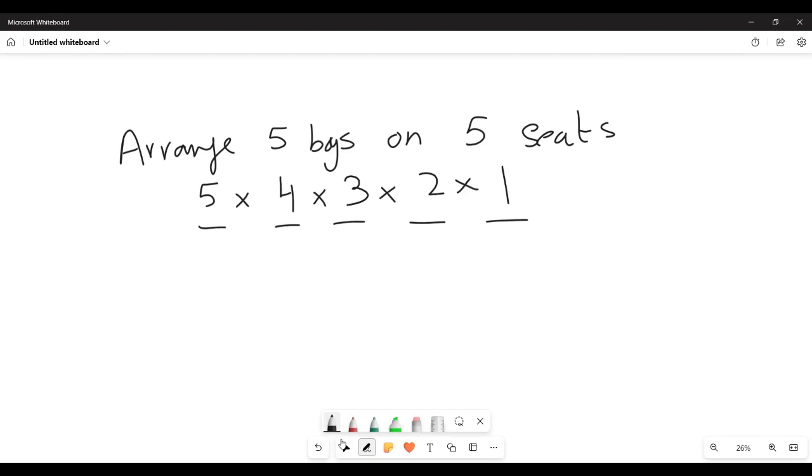So this is actually equals to 5 factorial, which is equals to 120. So there are 120 ways we can make 5 boys sit on 5 chairs.